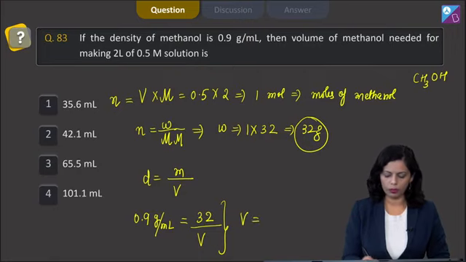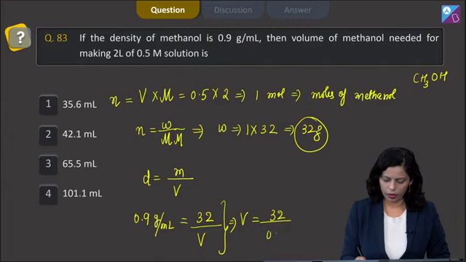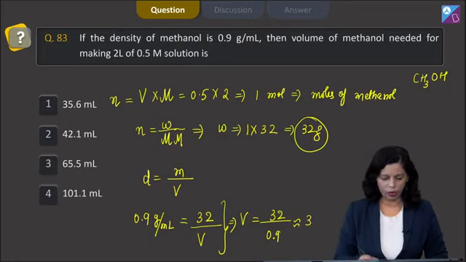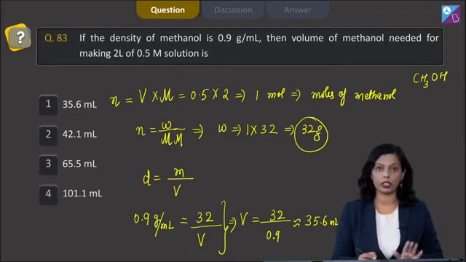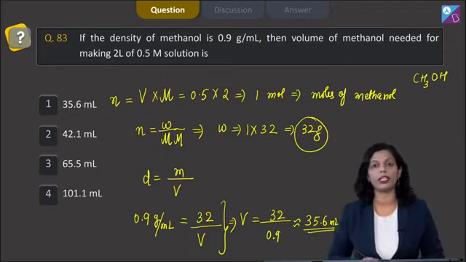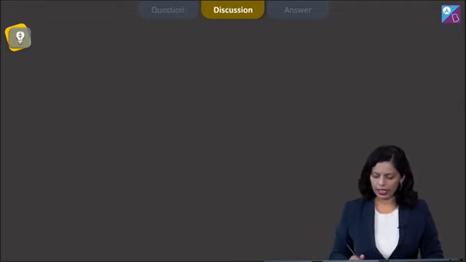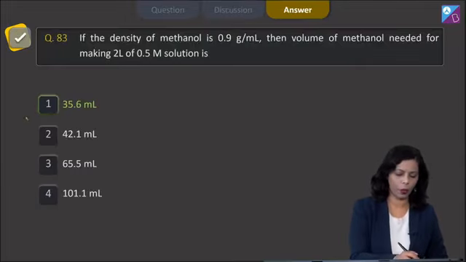Volume is equal to absolutely 32 by 0.9, right? If you solve this, you will find that this value comes out to be nearly 35.6 ml, because the density was given in milliliter, so this volume is also in milliliter, right? So the right answer is correctly given there in option 1.